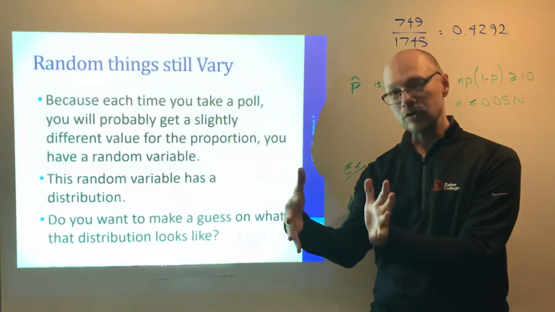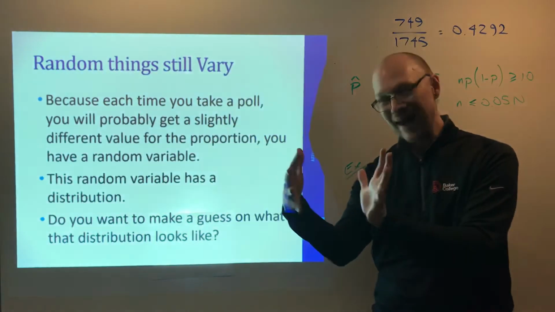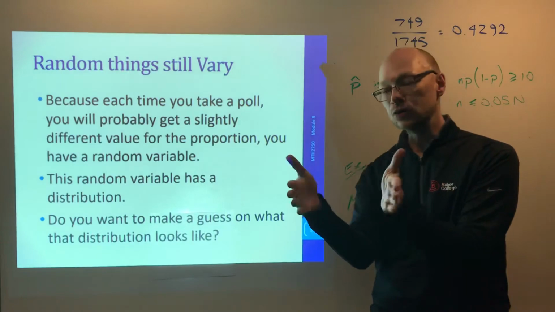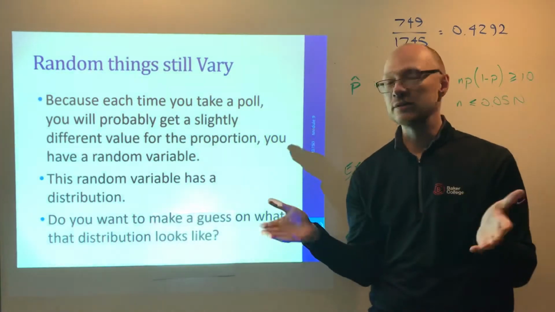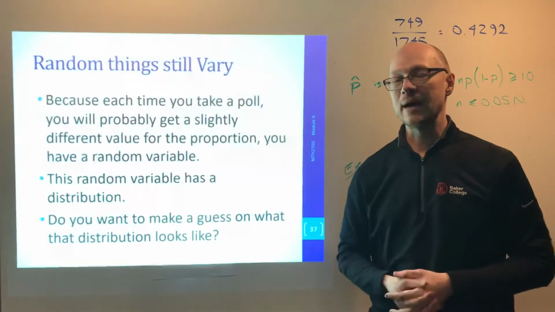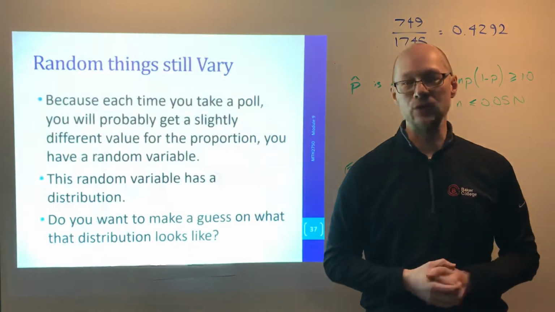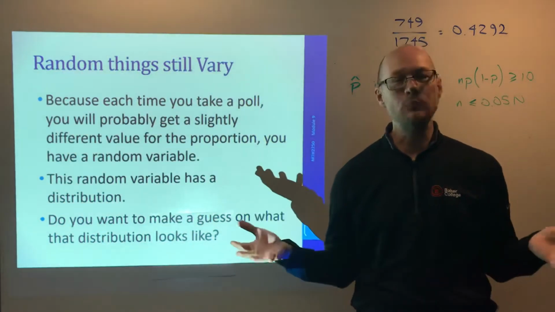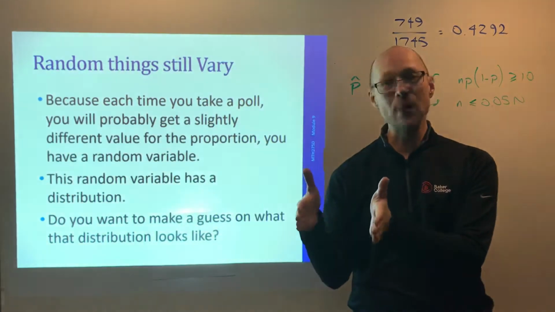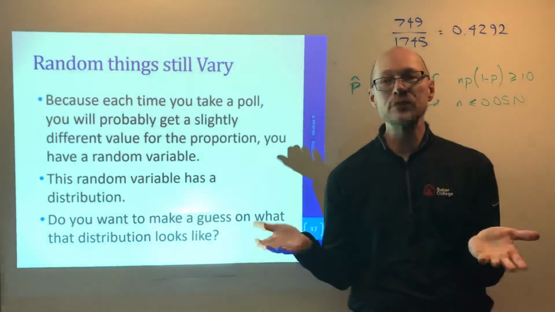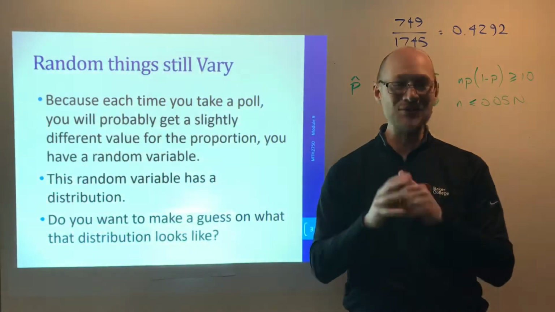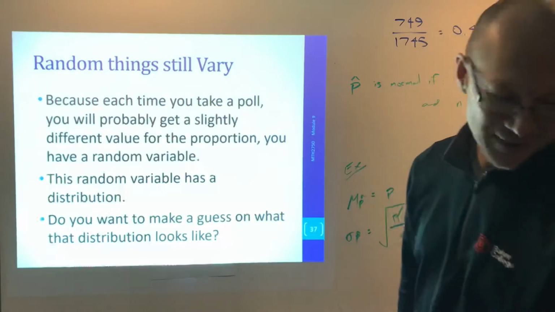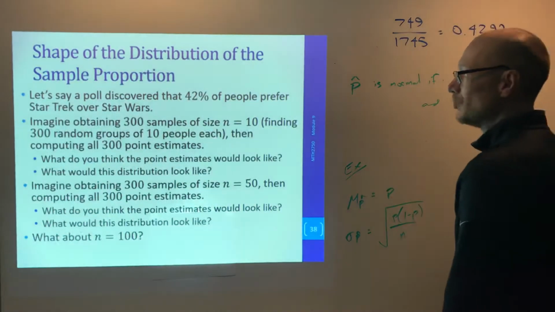They're all going to be tight right in around what the actual is. And many times we can't know what the actual is, but we take point estimates so we can figure out approximately what it is. And guess what the shape of all those is going to be? Sure, it's going to be normal.